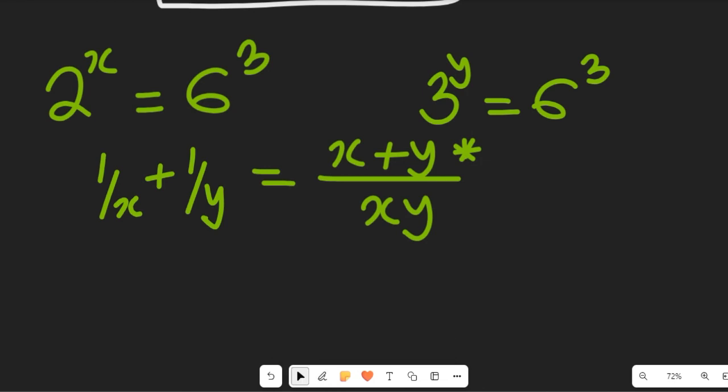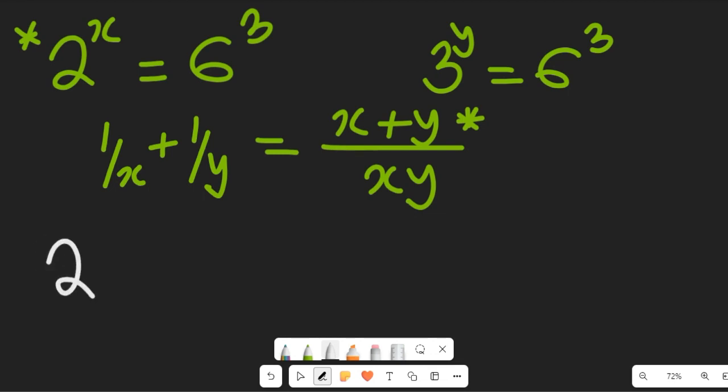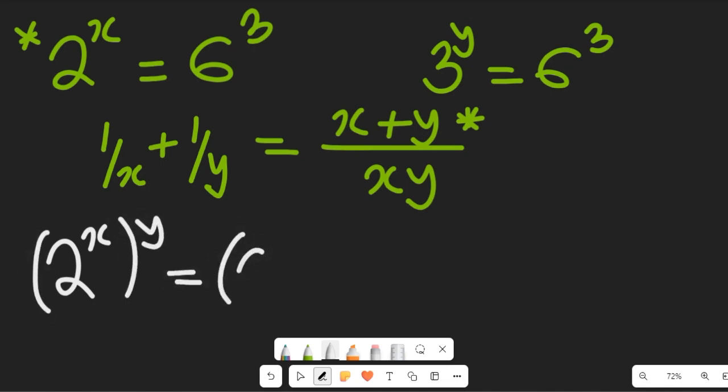Now, if we consider this first expression, we'll multiply the first expression by the power of y. So if we multiply that, we'll have 2 to the power of x multiplied by y, equal to 6 to the power of 3 multiplied by y.